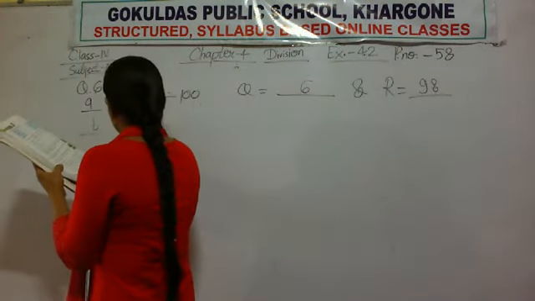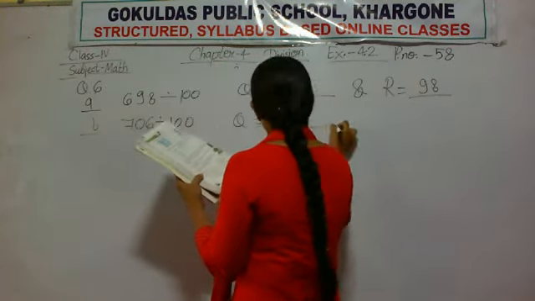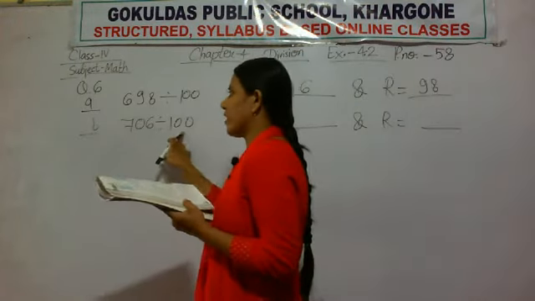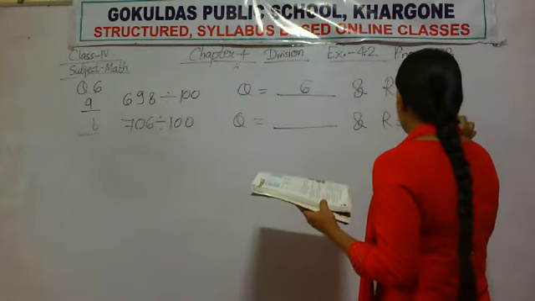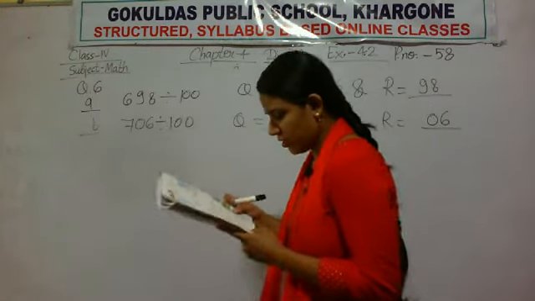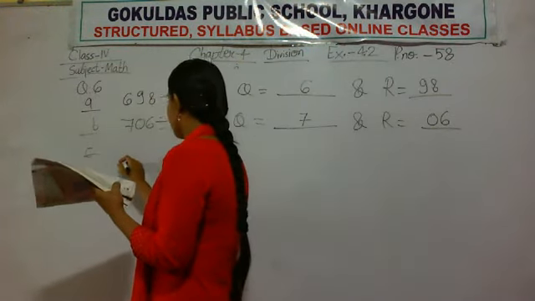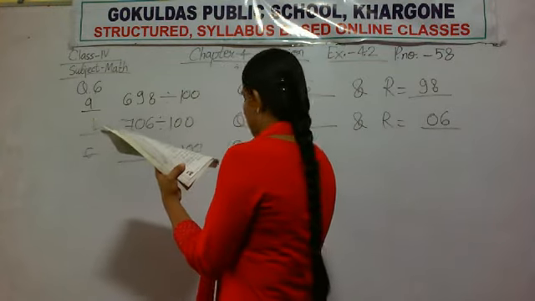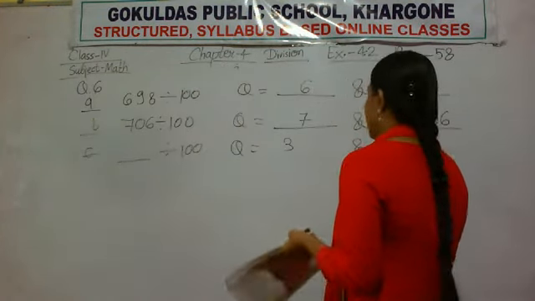B, 706 divided by 100 gives quotient as and remainder as. So when you divide any number by 100, the last two digits, that is 06, is your remainder and 7 is your quotient.